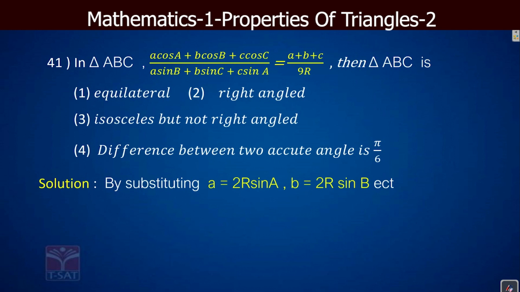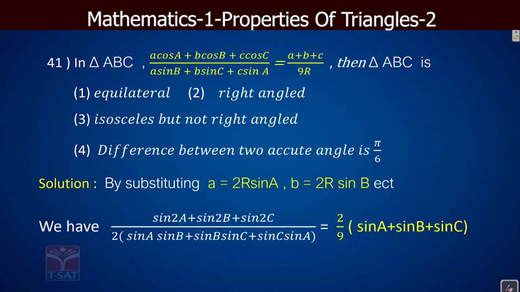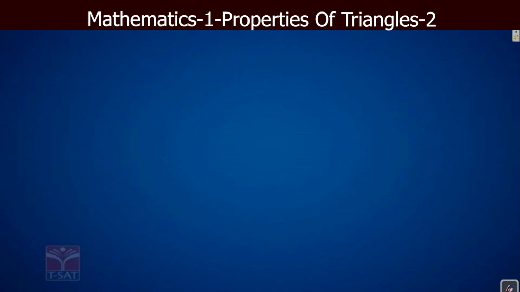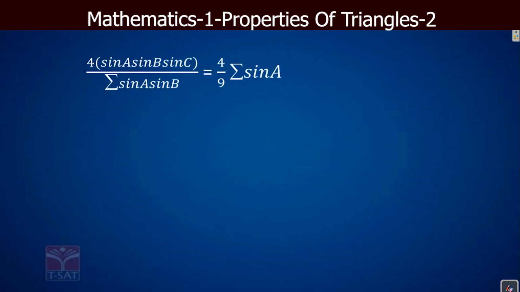Now by substituting a is equal to 2R sin A, b is equal to 2R sin B, etc. in the given relation, you will get (sin 2A plus sin 2B plus sin 2C) by 2 into (sin A sin B plus sin B sin C plus sin C sin A) is equal to 2 by 9 into (sin A plus sin B plus sin C).